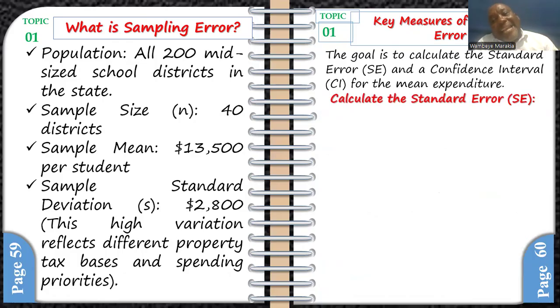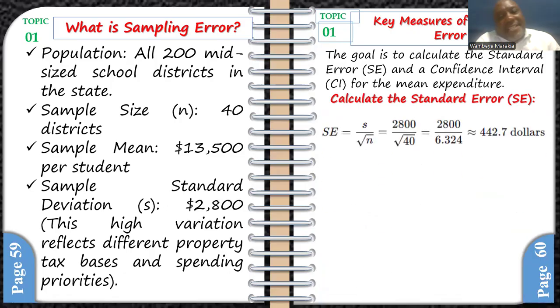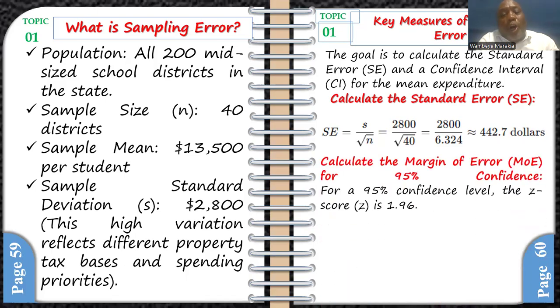First of all, we calculate the standard error. The standard error here is the standard deviation over the root of the sample size. That is 2,800, the standard deviation, all over the root of 40. When you take 2,800 divided by 6.34, which is the root of 40, you get $442.7.